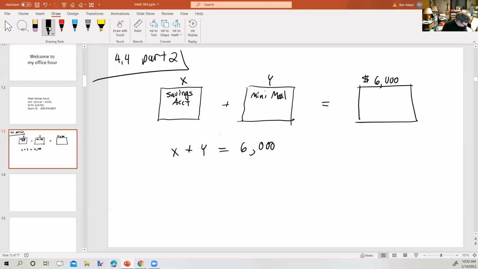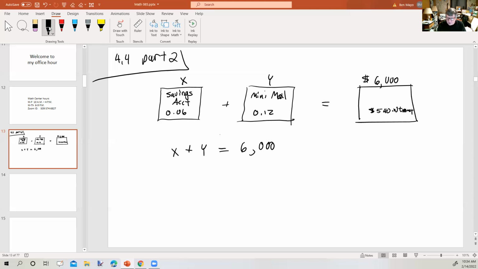Now it said savings account paying 6% annual interest, and the rest in the mini mall paying 12% annual interest. The combined interest earned for the first year was $540. Well, it said that was invested for 1 year.